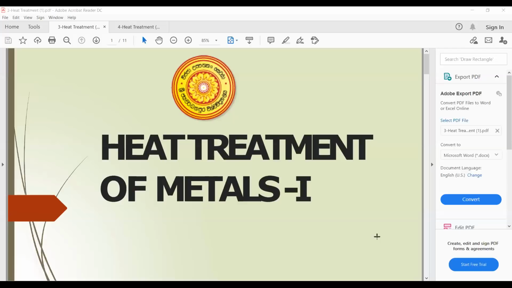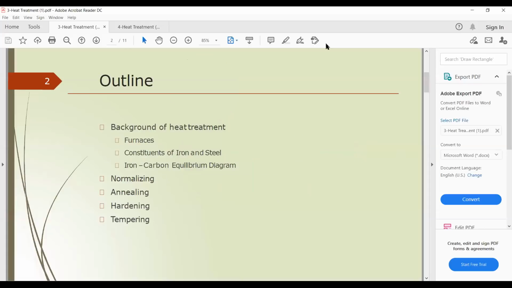So to change that properties, you have to do this heat treatment process. So this is the purpose of doing heat treatment of metals, right? So in this lecture, what are the heat treatment process available, how we can do the heat treatment process, procedures, applications, properties of that heat treatment process, those things we will discuss in this lecture, right?